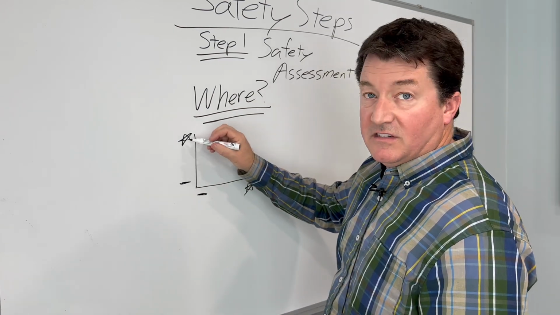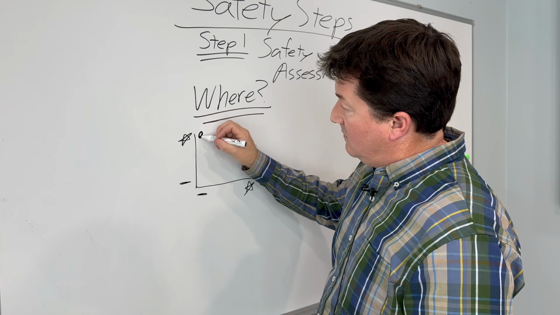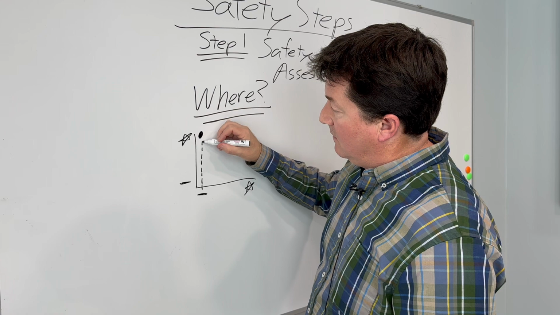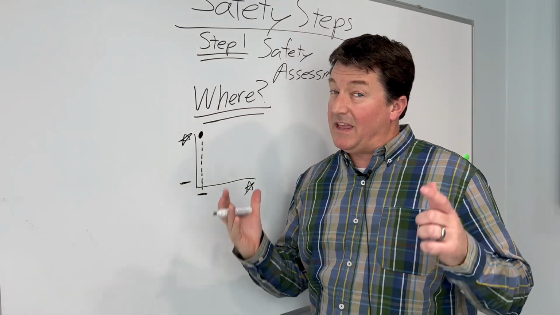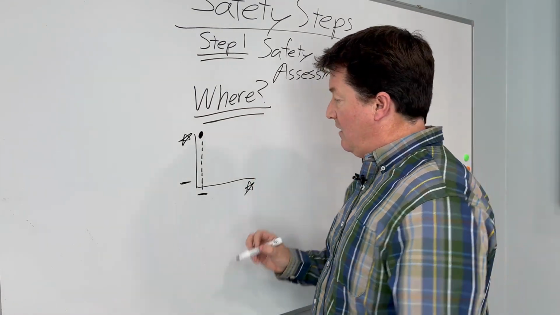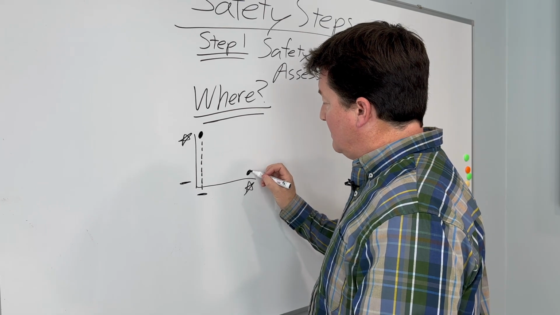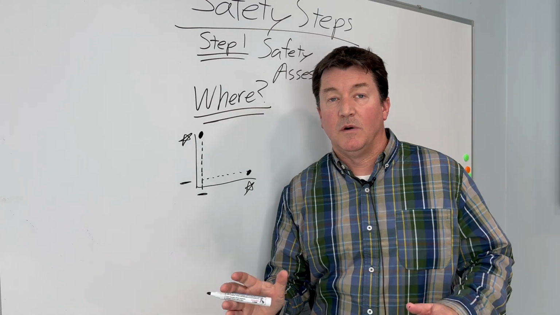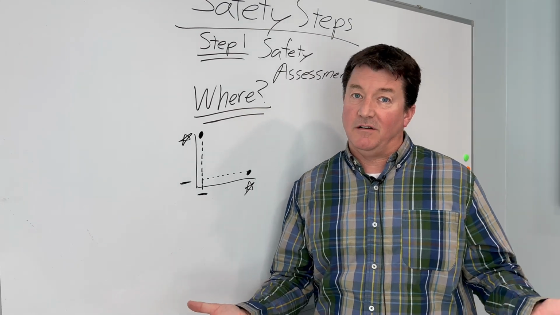Now, your serious injuries, they're going to be up here. They don't happen very often, but they happen. When they happen, they're big. And then your frequent accidents, these happen more often, but when they happen, they're usually minor.